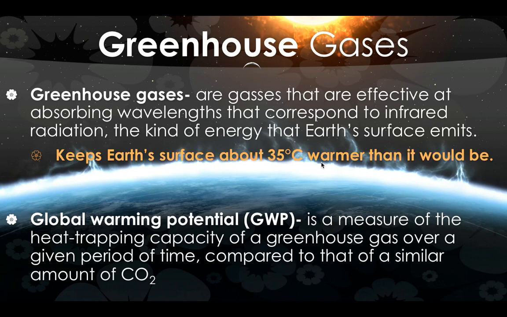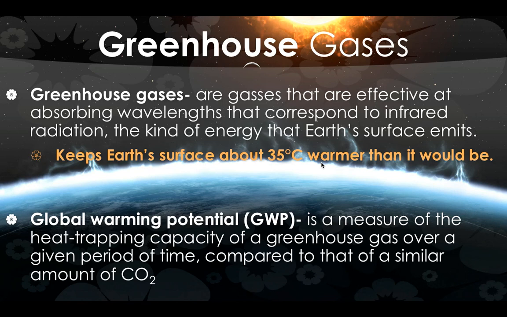So most of Earth's atmosphere is nitrogen and oxygen. 78-ish% of the atmosphere is made up of nitrogen gas. It's not all oxygen. Oxygen's like 21% or something. But most of it is nitrogen. And nitrogen and oxygen, they're not very good at absorbing that infrared radiation.